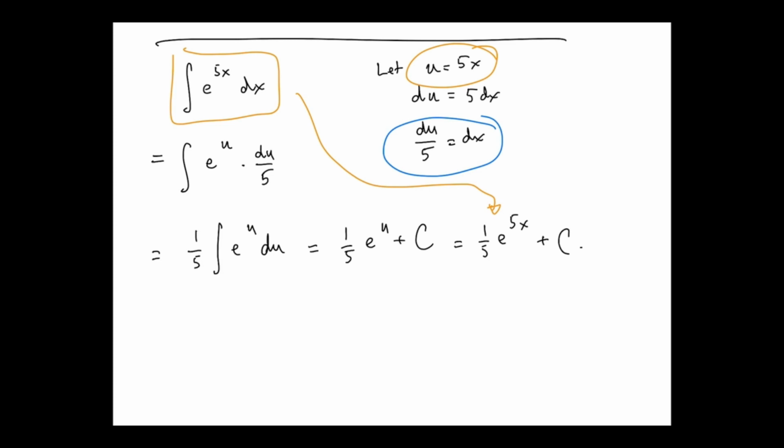For a simple one like this, where it's just e to the 5x versus e to the x, just a simple constant, that's pretty easy to fix. More complicated ones, of course, it's better to write them down. But something simple like this, we've got bigger fish to fry, believe me.